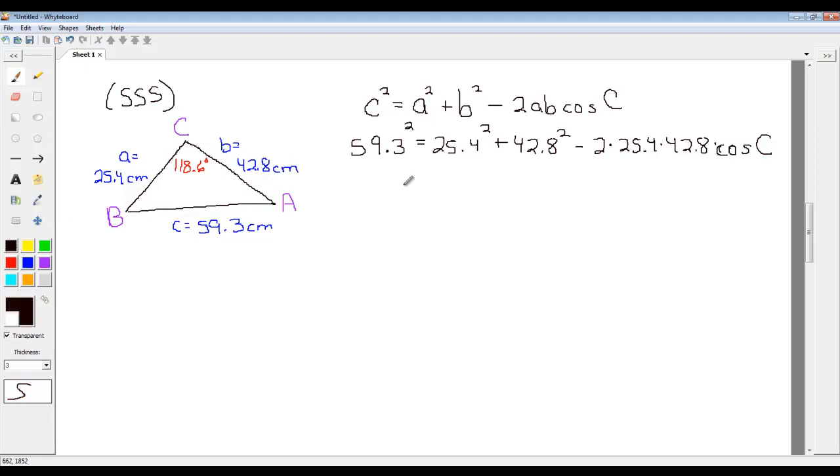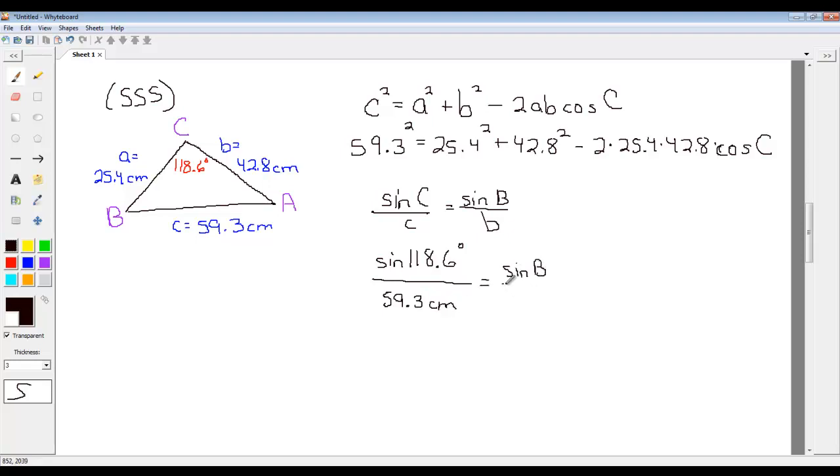So if you want to, you can use law of sines to find one of the other ones. You can say, sine of C over c equals sine of B over b. So you could say sine of 118.6 degrees over 59.3 centimeters equals sine of B over 42.8 centimeters.